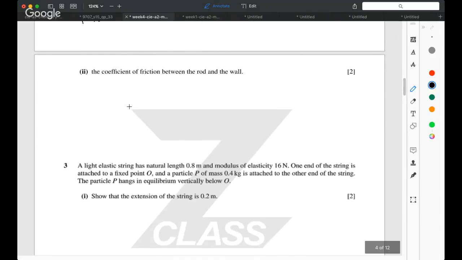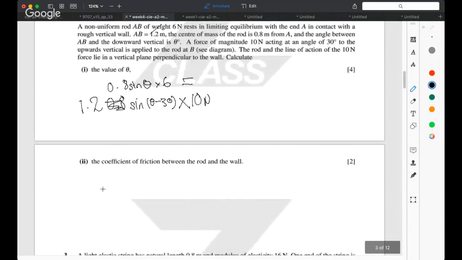Okay. Second part of the question: friction.